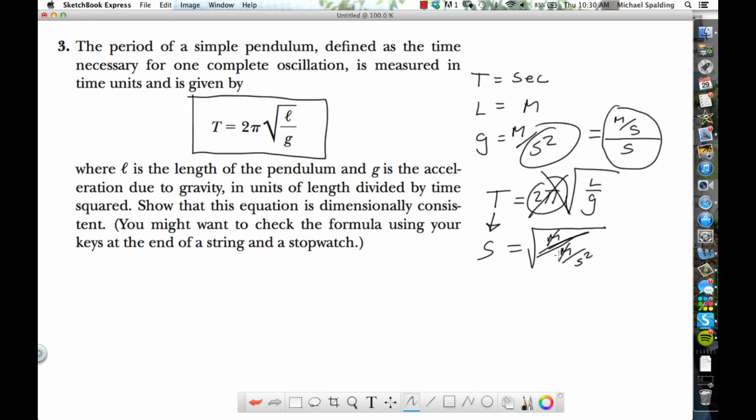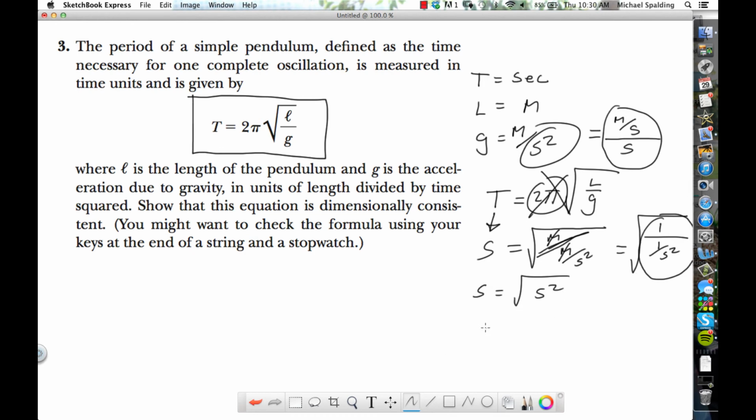Now, what happens to these meters? They cancel. Here's where your algebra skills have to be pretty decent. So meters cancel, and what we're left with is the square root of 1 over 1 over second squared, which is the same as the square root of second squared.